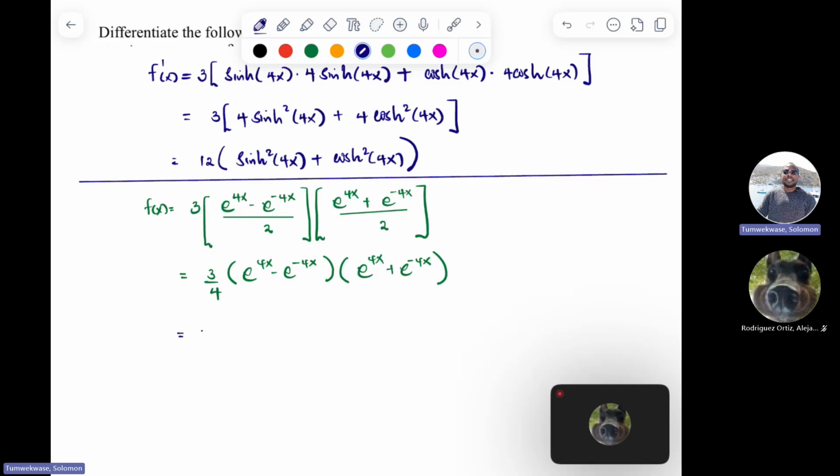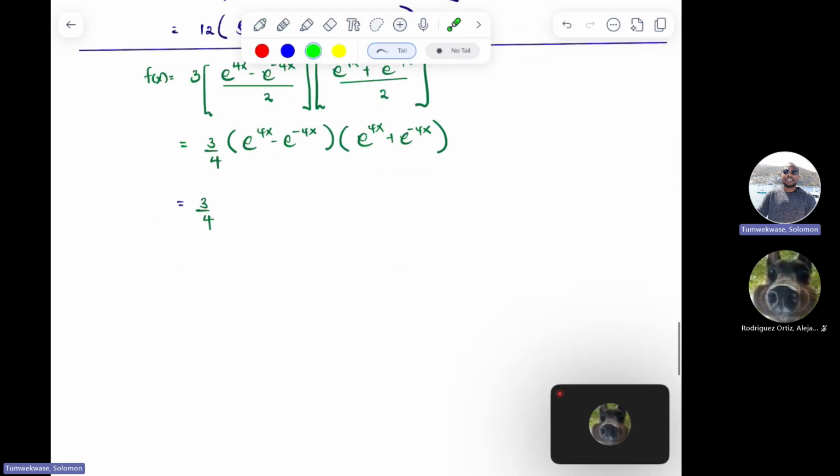I'm not saying that is the only way you can do it, but let me do that. So e to the 4x times e to the 4x, remember when we multiply same bases, we add up the powers, so this will be e to the 8x, right? e to the 4x times e to the negative 4x, that is e to the 4x minus 4x, so that is e to the 0, which is 1. So this is plus 1, right?